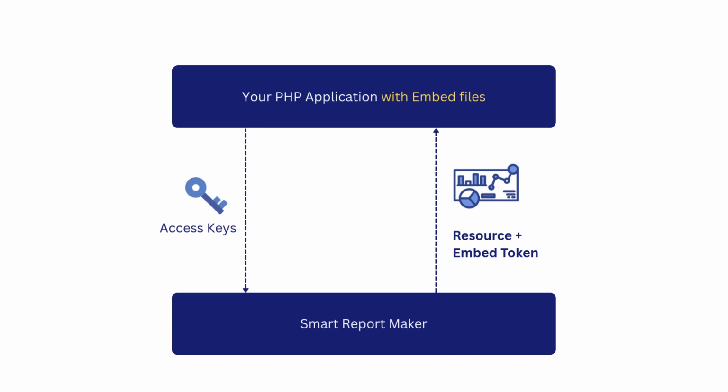These keys act like secrets that you generate from your Smart Report Maker dashboard. When your PHP application requests private content using an access key, Smart Report Maker recognizes the request and returns the resource with a security token that has a defined expiration time.